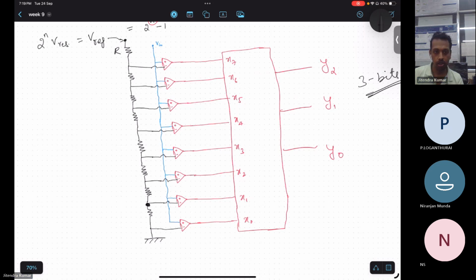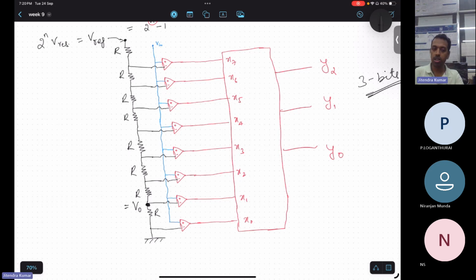Let's assume V naught. All these resistances are equal.